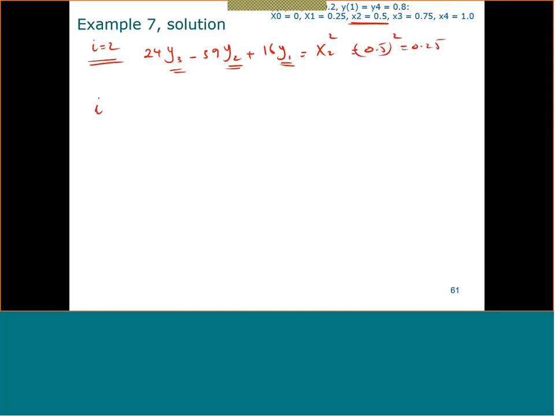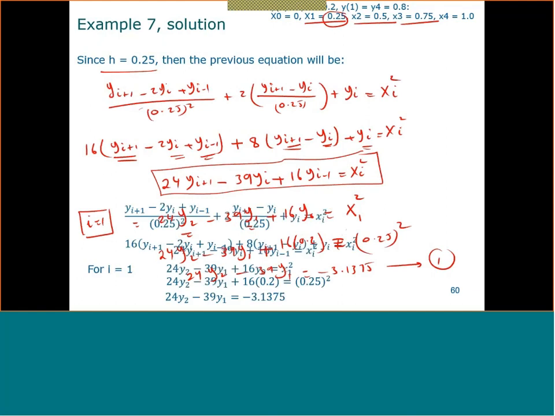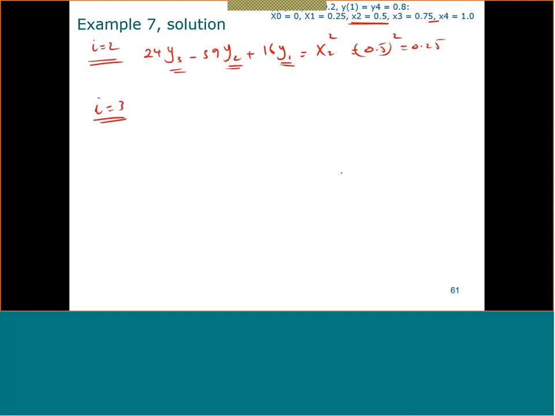Then i equal to 3, same thing, I will substitute here. This becomes 3 plus 1, 3 minus 1, and x3 squared. So this becomes 24y4 minus 39y3 plus 16y2 equal to x3 squared.